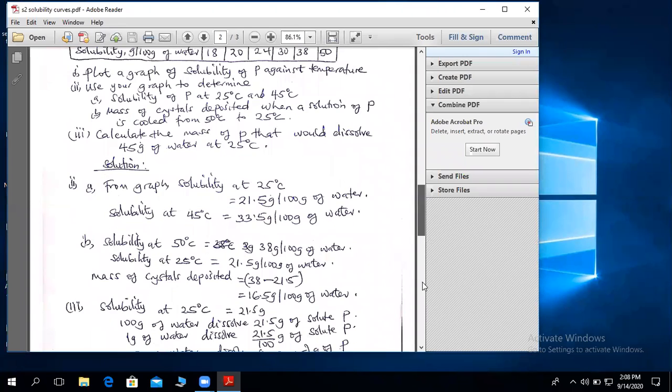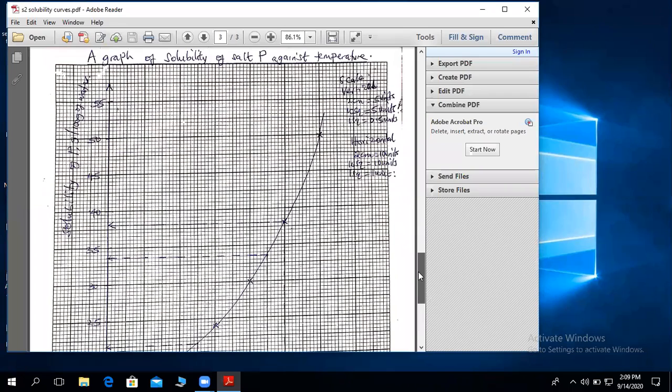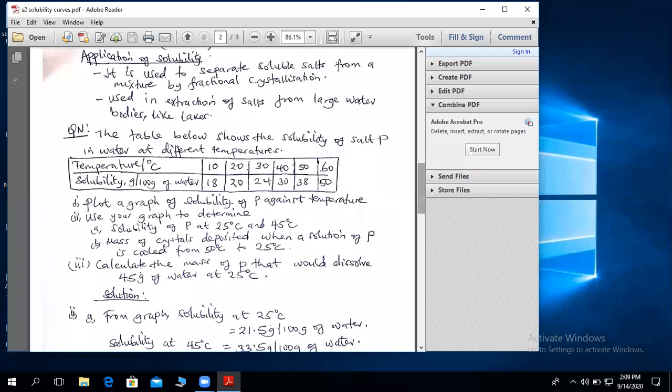Plot a graph. My graph is here, as we had it last time. When the question says plot a graph of solubility of P against temperature, it means solubility of P is on the vertical axis, or the y-axis, and temperature is on the horizontal axis.